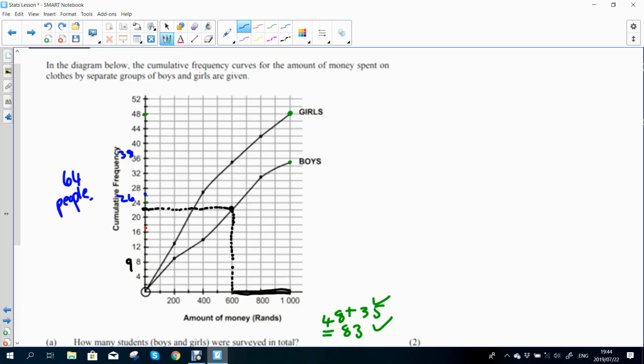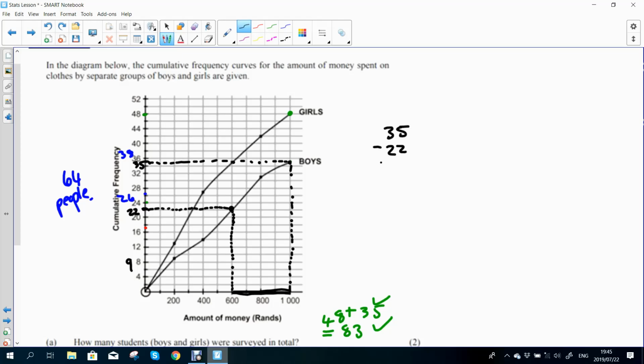So what's the highest for the boys? Let's read that off. That's 1,000 Rand for the boys. How many spent 1,000 Rand? So if I read that off, that looks to me like about 35-ish, and this is about 22. I need to say 35 is the total that spent 1,000, and then 22 is the total that spent 600.